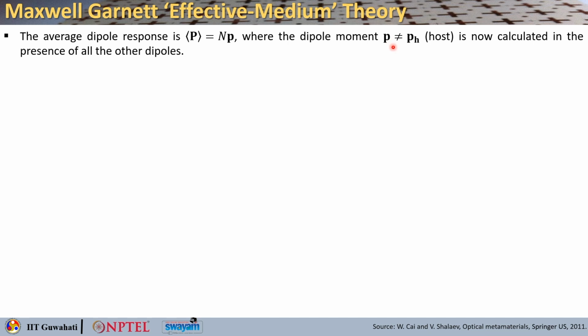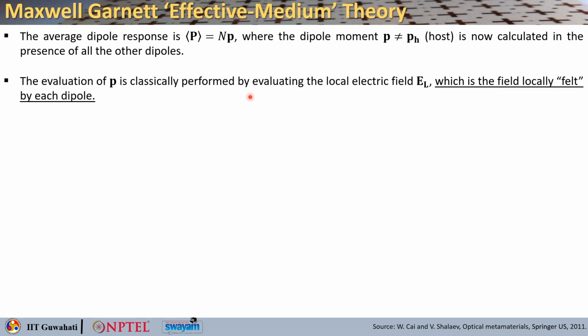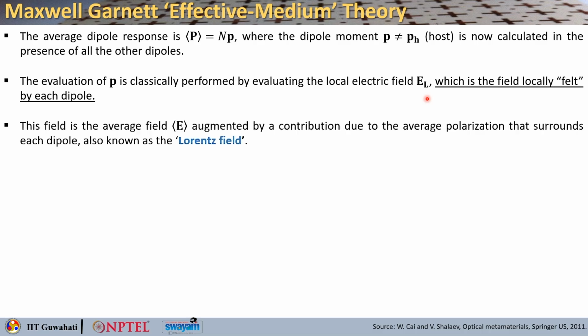Here small p is typically not equal to p h, that is the host dipole moment. It has to be now calculated in the presence of all other dipoles. That means the evaluation of this dipole moment can be classically performed by evaluating the local electric field E L. That means this is basically the field which is felt by each individual dipole in the presence of all other dipoles.